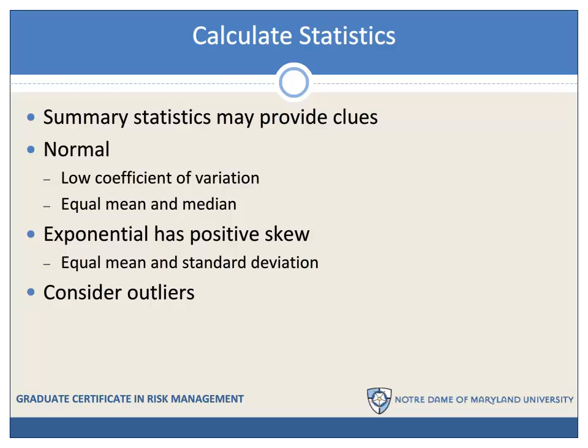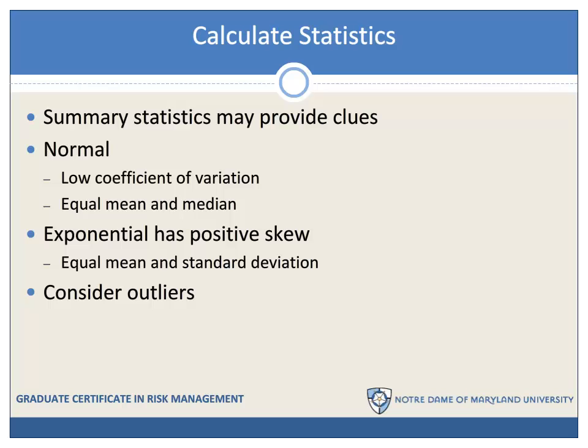Similarly, a low coefficient of variation would indicate a good chance that your data are normal. The coefficient of variation is the standard deviation divided by the mean. In some definitions, that number is multiplied by 100, so you would have to check a reference to find out what would be an acceptable value. However, low coefficients of variation are associated with normal distributions. High coefficients of variation are not.